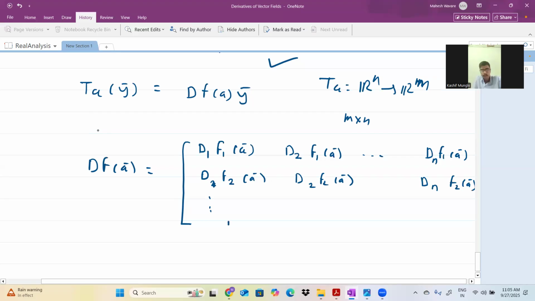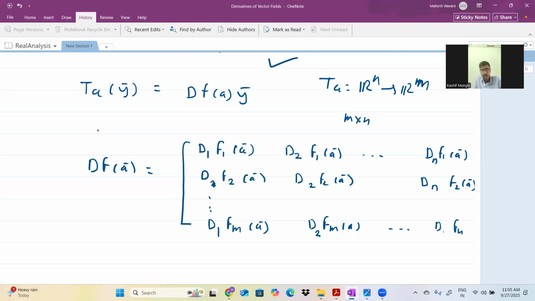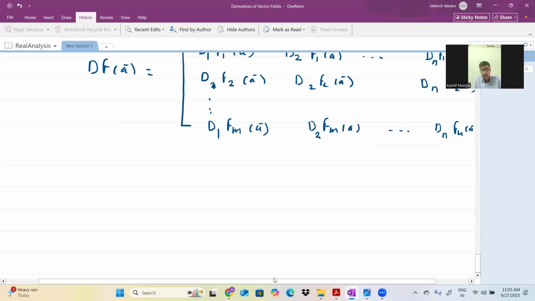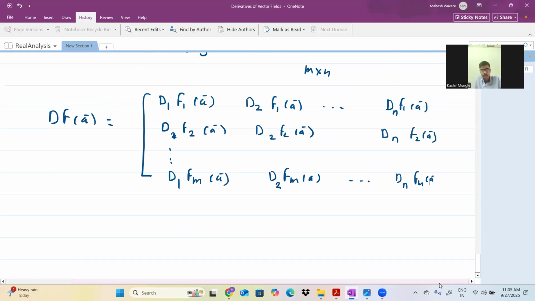And the last row is for the m-th component: the derivative of the m-th component with respect to the first variable x1, the m-th component's derivative with respect to the second, and the m-th component's derivative with respect to the n-th. This matrix is referred to as the Jacobian matrix. It is an m by n matrix of partial derivatives.